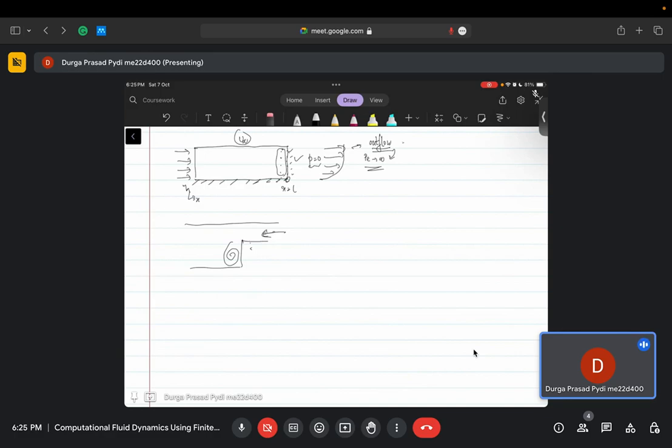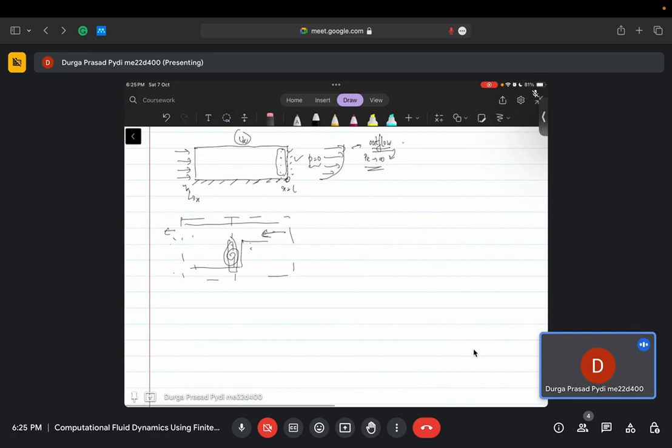If your computational domain is sufficiently large, then the outlet conditions will be independent of these conditions, so you can use del by del x equal to 0. Otherwise, if you consider only a small portion of that boundary, then you need to give these velocities correctly, otherwise your solution will be wrong. You will get some solution, but it won't be physical. Yeah, anyway, that is something else.